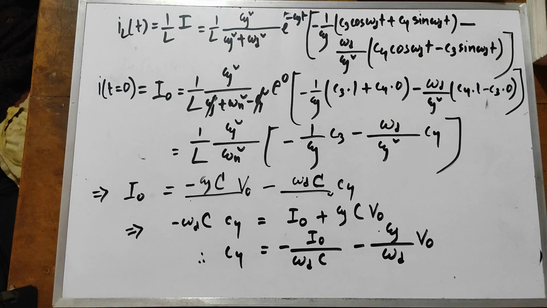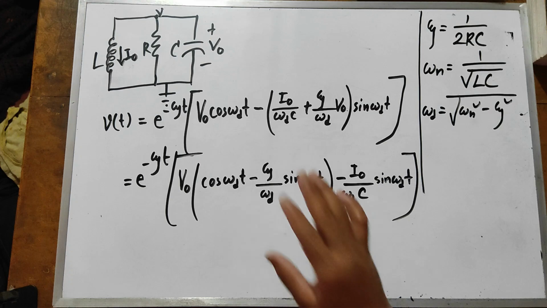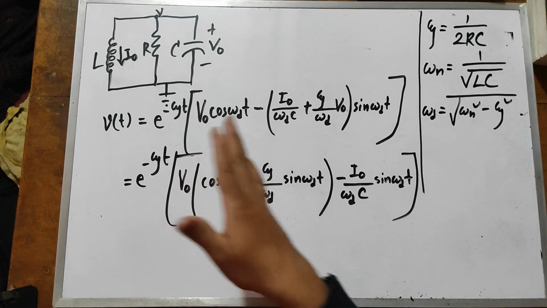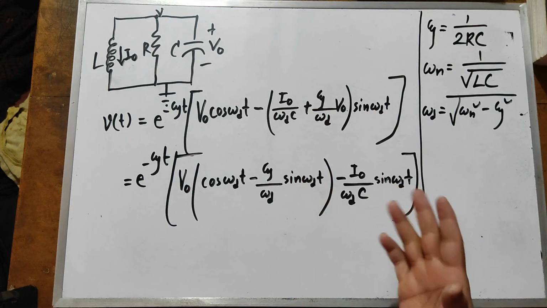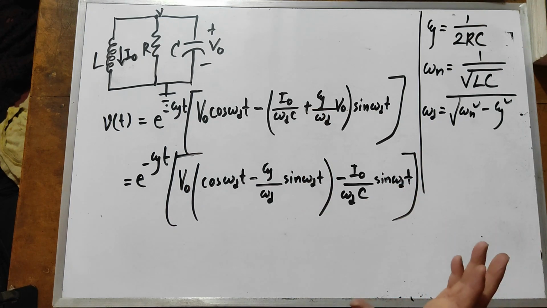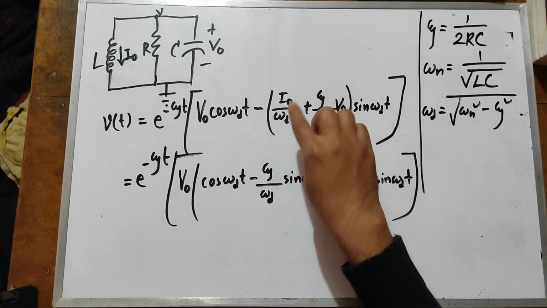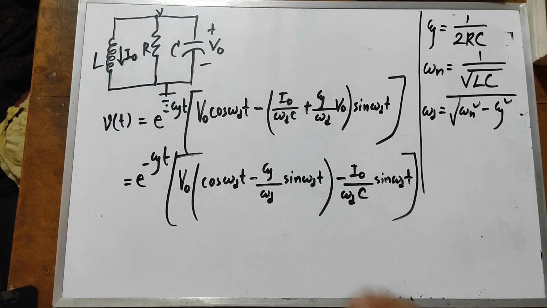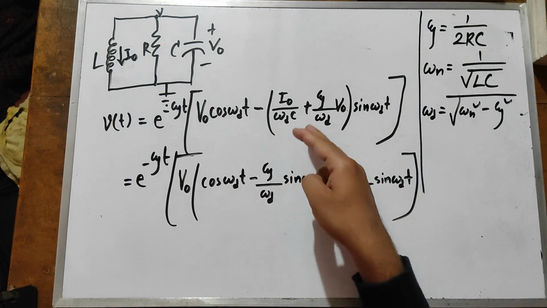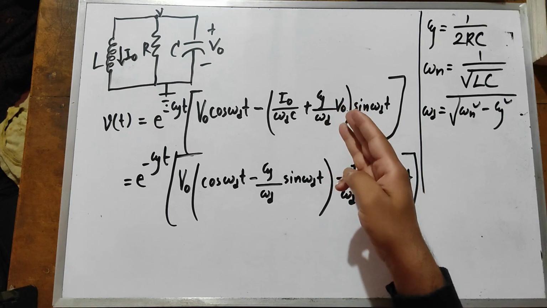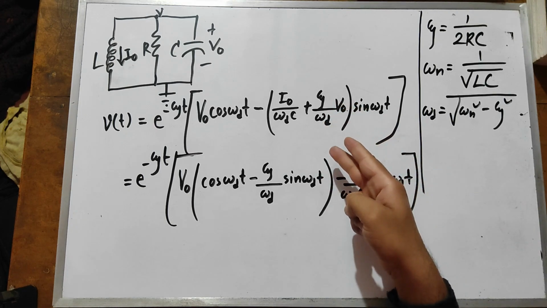Now we have found all our arbitrary constants. C3 is the initial voltage across the capacitor, and C4, after that long calculation, is minus I0 by omega d C, where I0 is the initial current through the inductor and C is the capacitance, plus psi, the damping factor, over omega d, times V0 in the brackets.